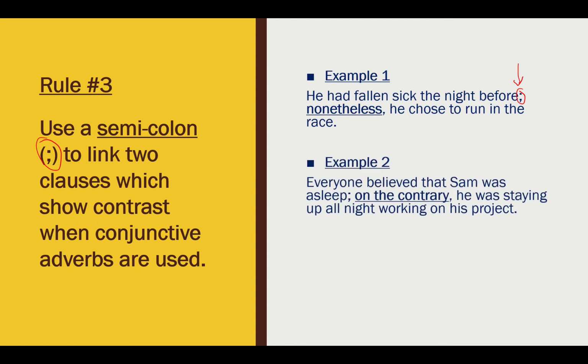Example 2. Everyone believed that Sam was asleep; on the contrary, he was staying up all night working on his project. Again, we use the connectors of contrast here, on the contrary, to link two very different clauses.